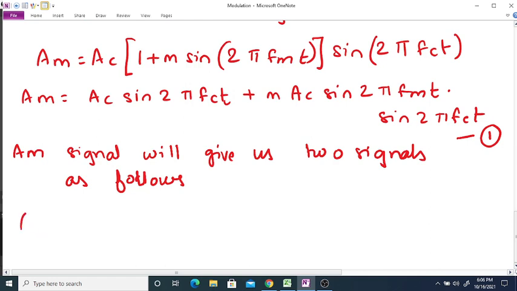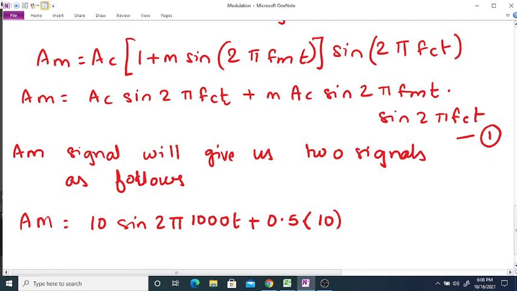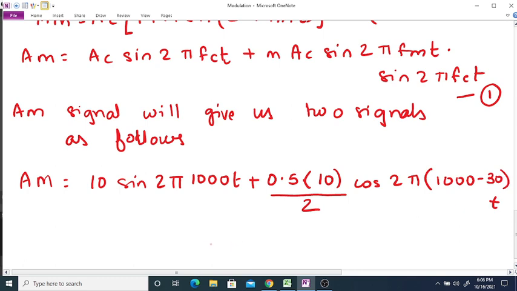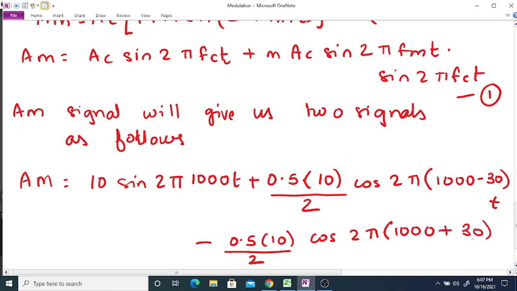So, here sAM will give us, according to our expression, Ac is 10, sin 2 pi 1000 t plus M is 0.5, so 0.5 multiplied by Ac, that is 10, divided by 2, cos 2 pi (1000 minus 30) t minus 0.5 into 10 divided by 2, cos of 2 pi (1000 plus 30) t.